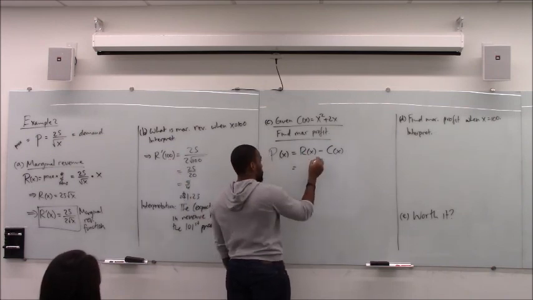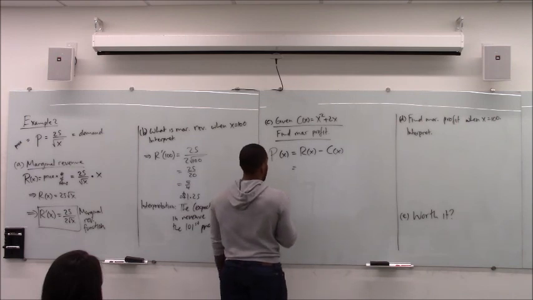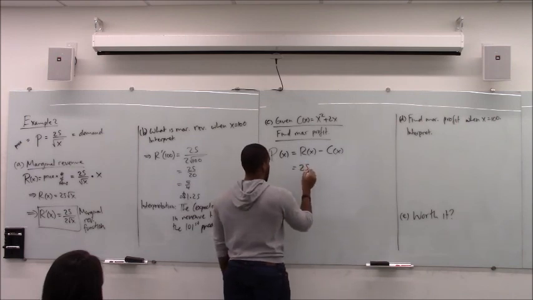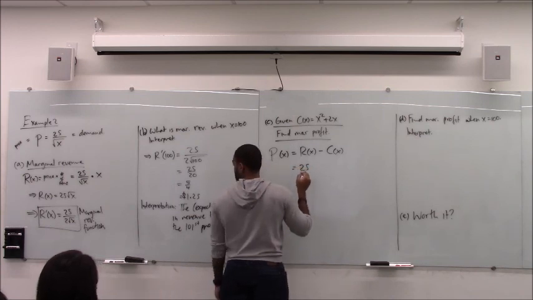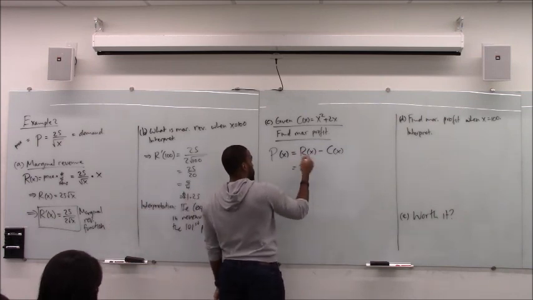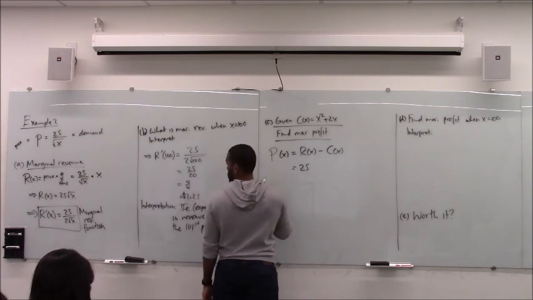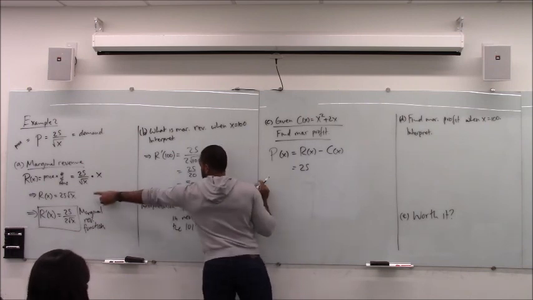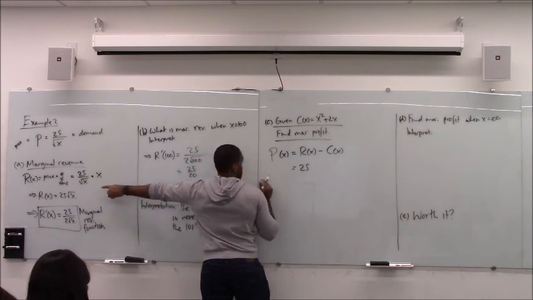Do I know the revenue function? 25 over 2 root x is the marginal revenue function. The revenue function, R of x, equals 25 root x.